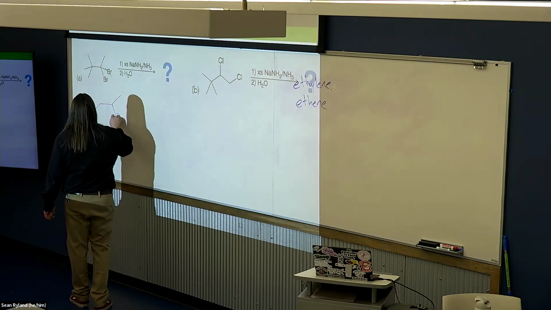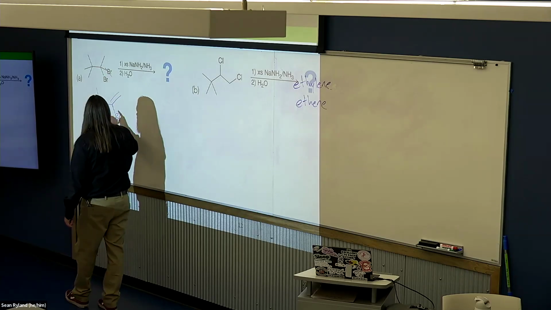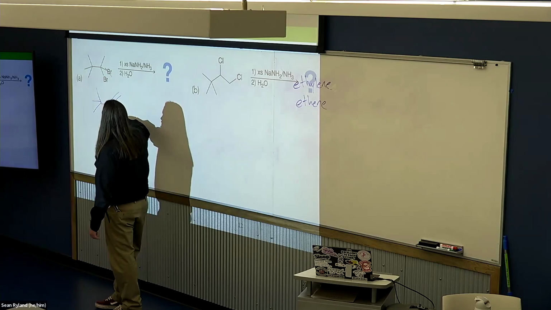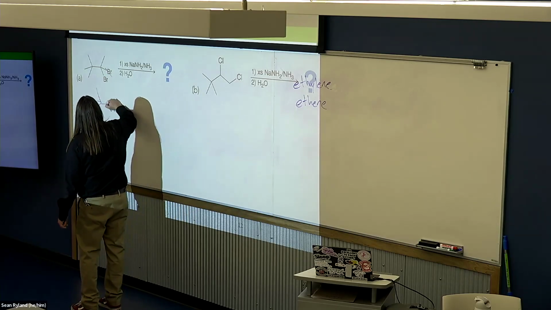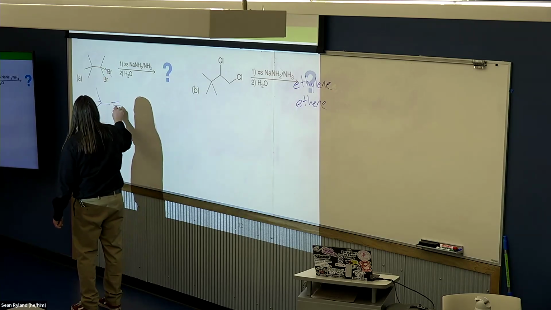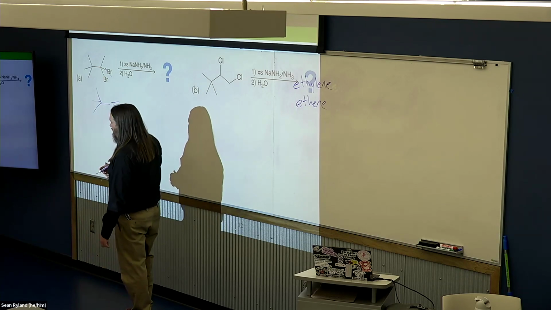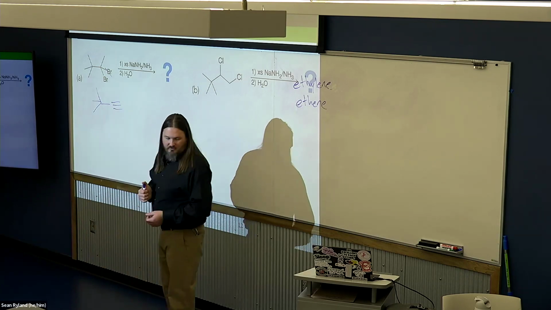And then we would still have another bromine that it can remove, so it does it again. This is just an alkyne elimination. Yeah, this is the way we make the alkynes in the first place.